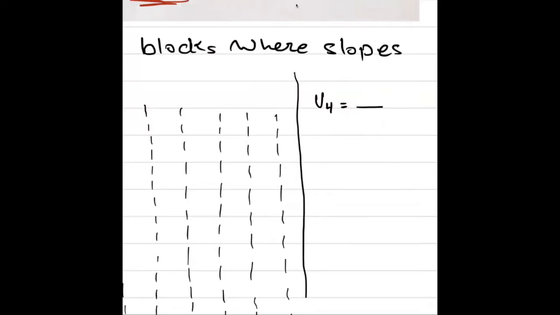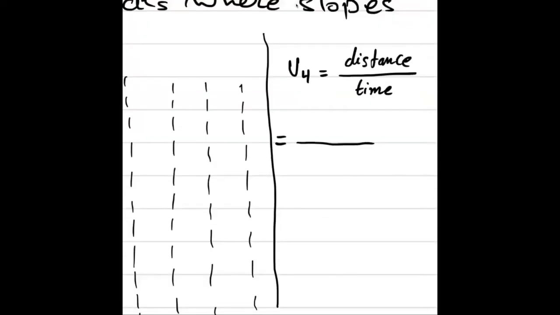Again, it's distance over time. I need the numbers. That's 10 over 2.25. As usual, that's miles over hours.